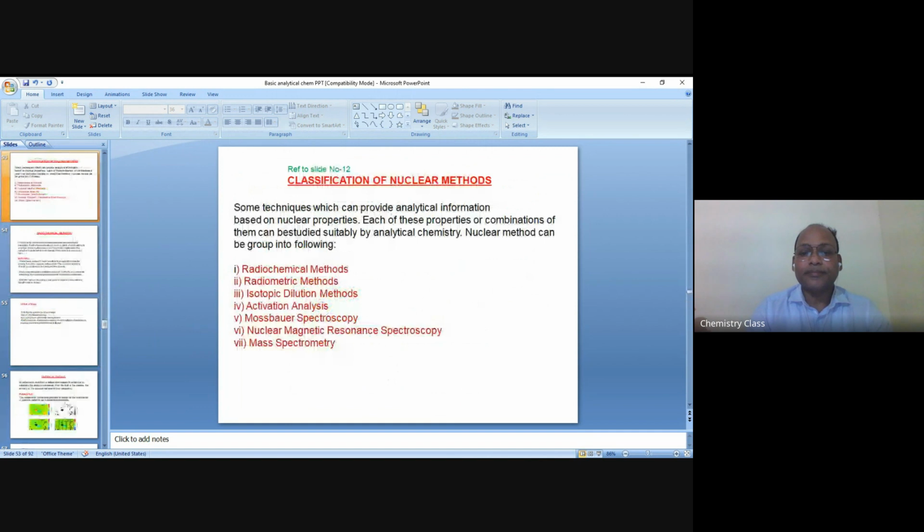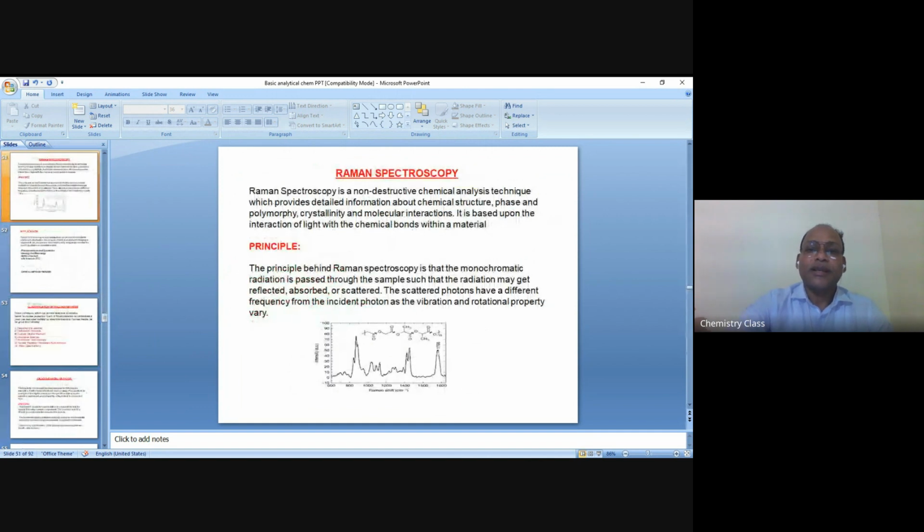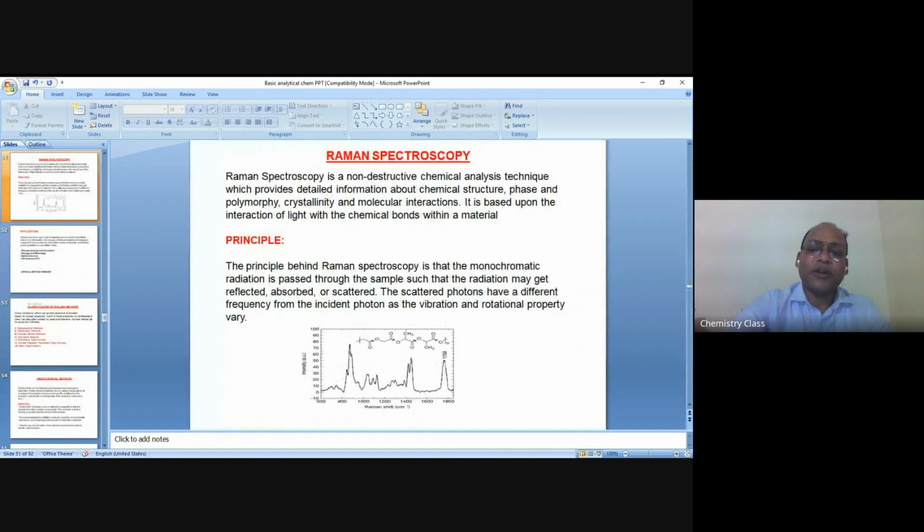Just a second. Here, see the Raman spectroscopy slide. One image is there, right? Above is a polymer, and the particular thing is a monomer. This monomer has a carbonyl C double bond, a methyl group, and oxygen.